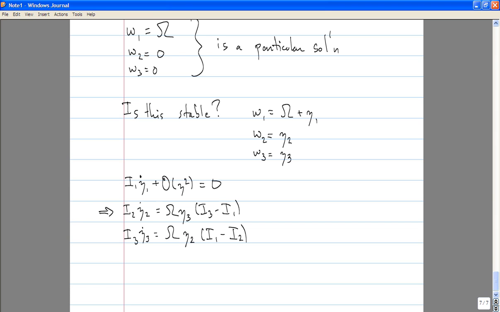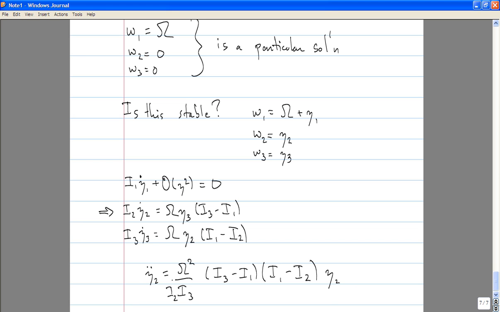In particular, I2 eta 2 double dot is equal to omega squared over I3 times I3 minus I1 times I1 minus I2 times eta 2. Sorry, thank you. And if I wanted to, I could move this I2 to the other side.